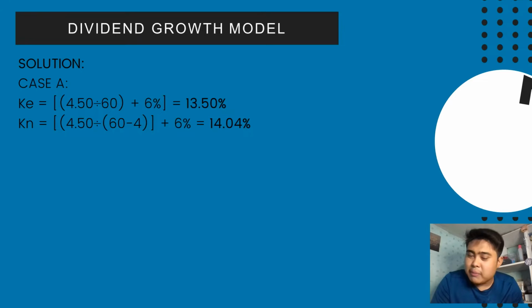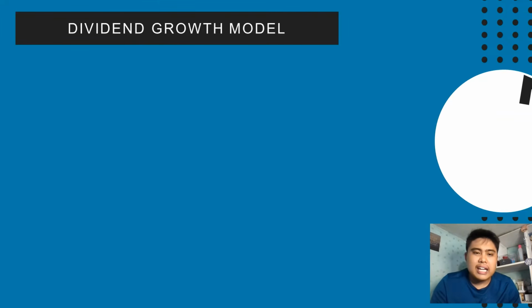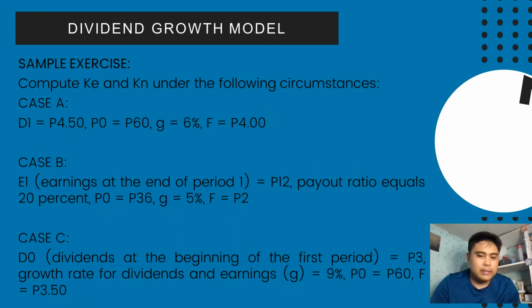Pag ang ginamit na word ng paragraph is past or currently or just declared, pag basta naka-past tense o naka-present tense yung verb, automatic D0 yon. Ang dapat na ginamit na word para maging future dividend is the company will declare, will pay. Kapag will, syempre future yon, D1 yon. Okay, so ingat lang kayo dyan palagi. Next, balikan natin yung case B.